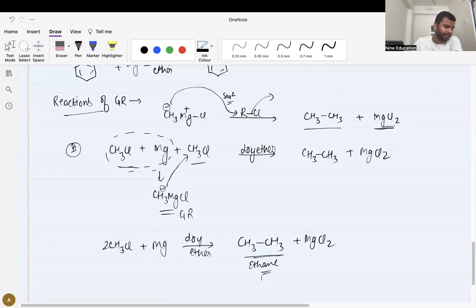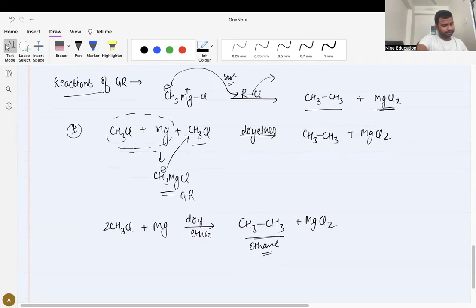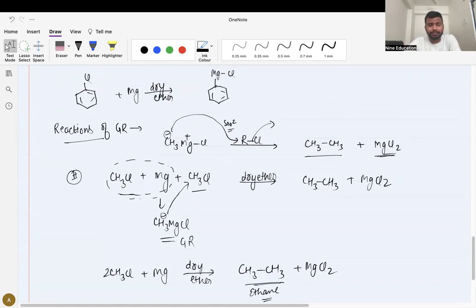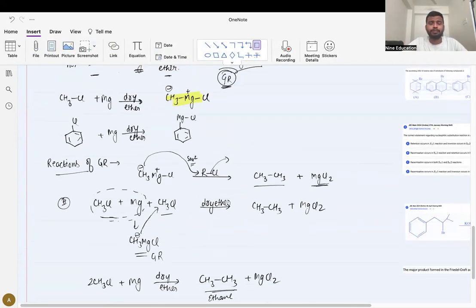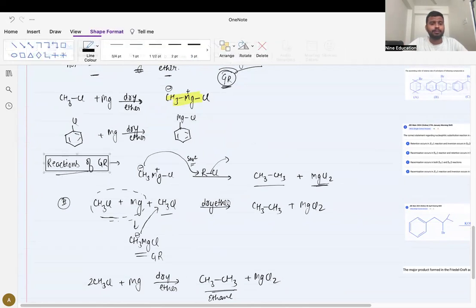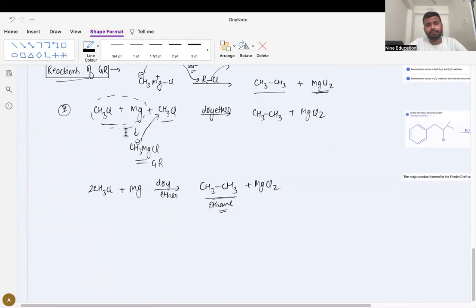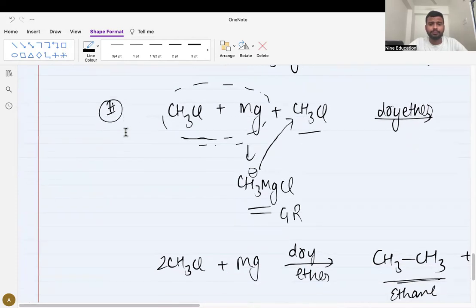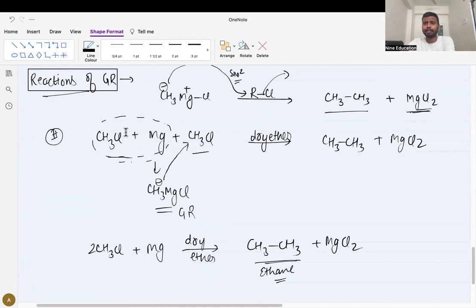Here also we can get CH3CH3. देख लें. तो हमेशा याद रखें, whenever you have 2 moles of alkyl halide with magnesium in dry ether, you will get CC coupling.